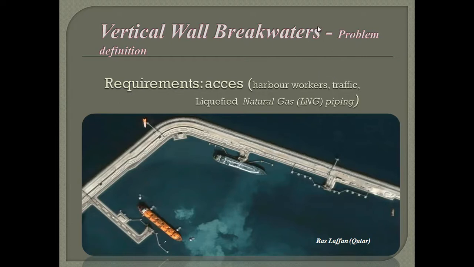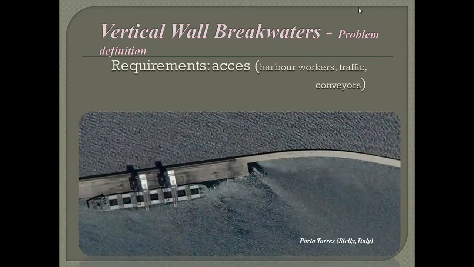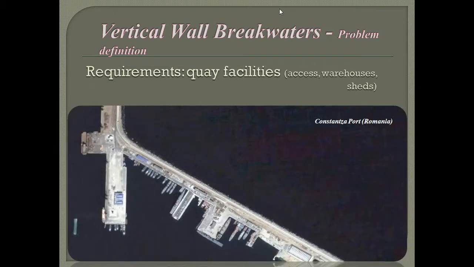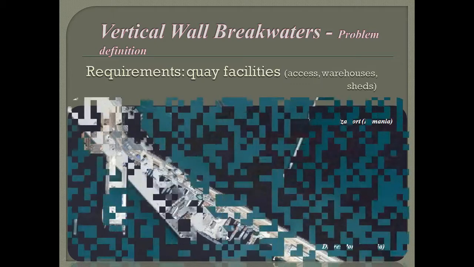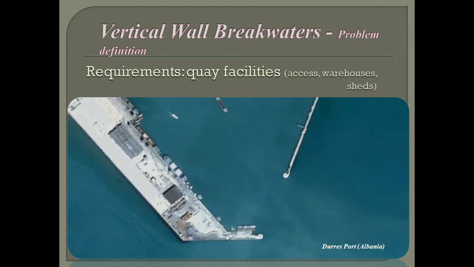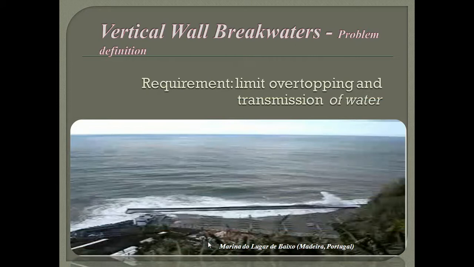Also see the requirements for access, conveyors and harbor workers, warehouses and sheds, which should also be considered while constructing a breakwater. Also quay facility should be provided, and the limit of overtopping and transmission of water should also be considered.